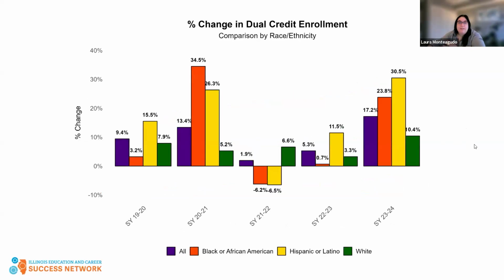Then we have this percent change in dual credit enrollment, again, broken down by race, ethnicity. I think this is particularly interesting because you'll see that for the 23-24 school year, we're back around the increases that we were seeing in the 2021 school year, but there were some interesting things happening in between.